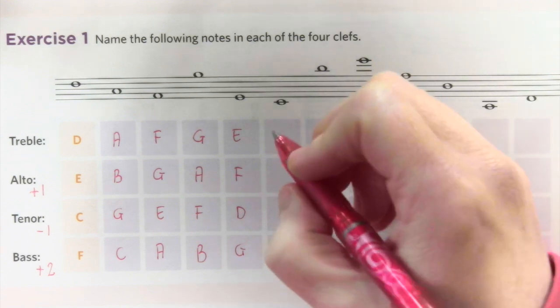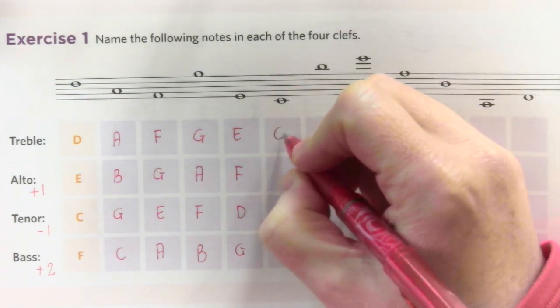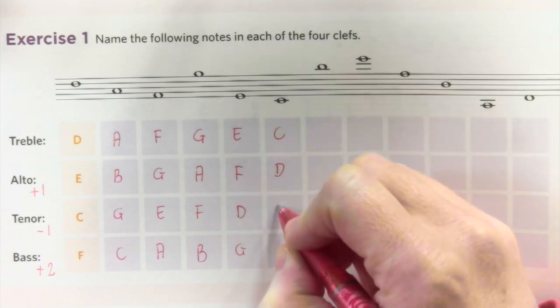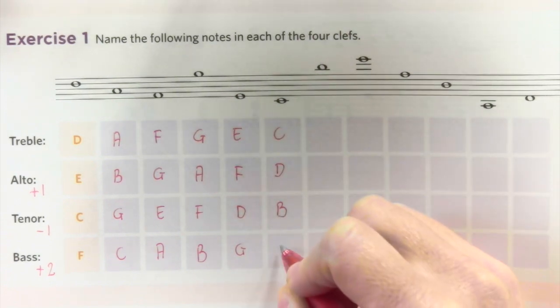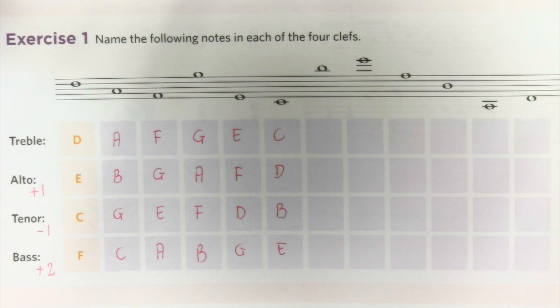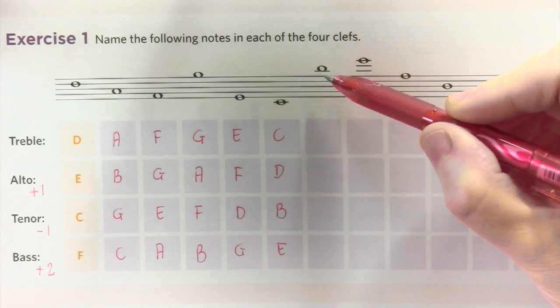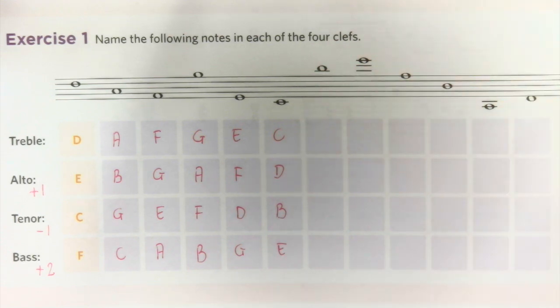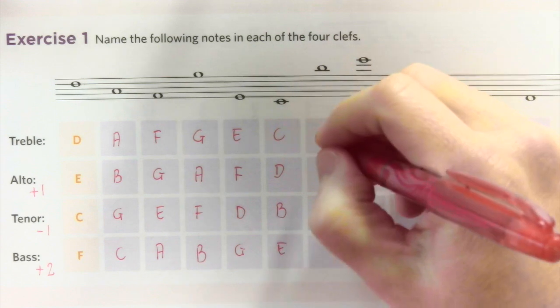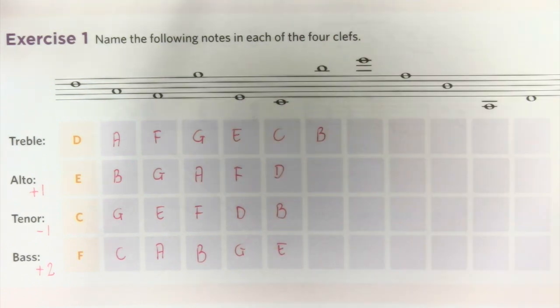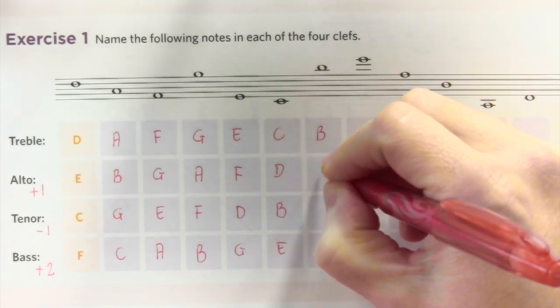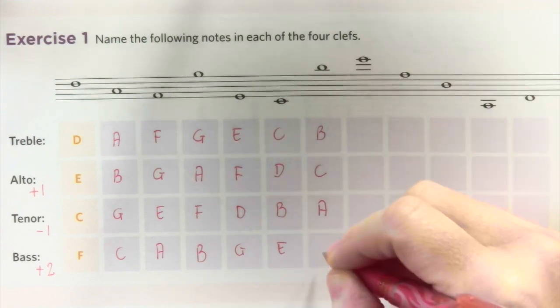Okay, let's move on. Do becomes Re, Si, and Mi. This is B in the treble clef, so C, B. Do, La, Re.